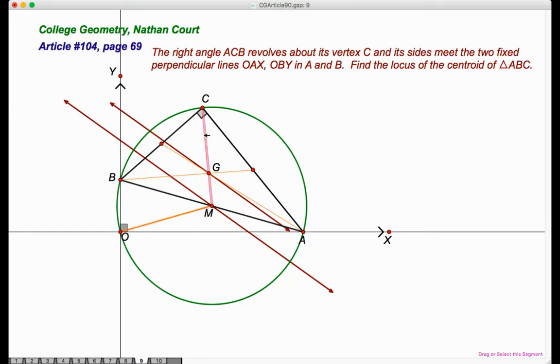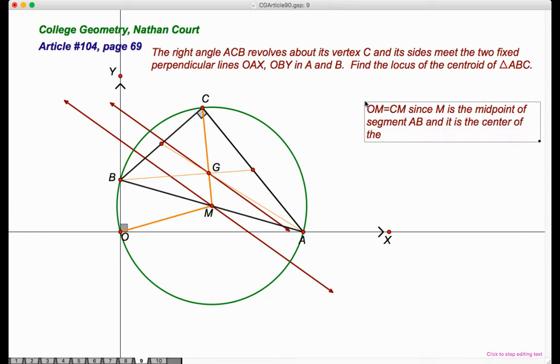So, OM is equal to CM all the time, since M is the midpoint of segment AB, and it is the center of the circle. Cool, huh?